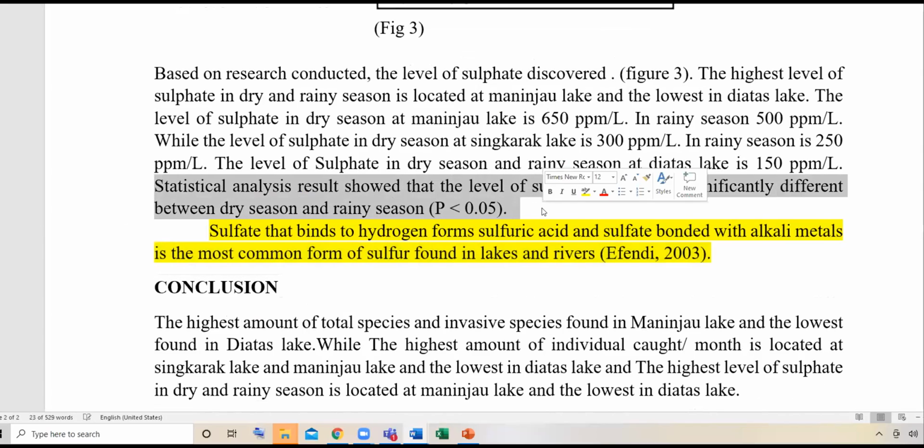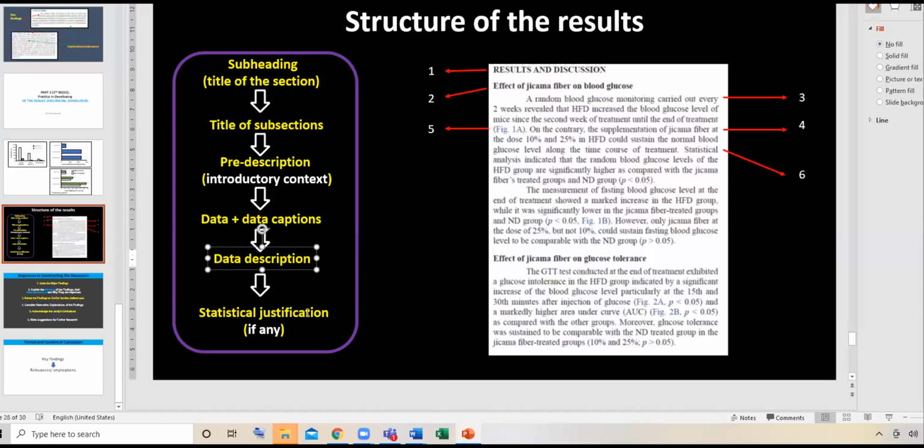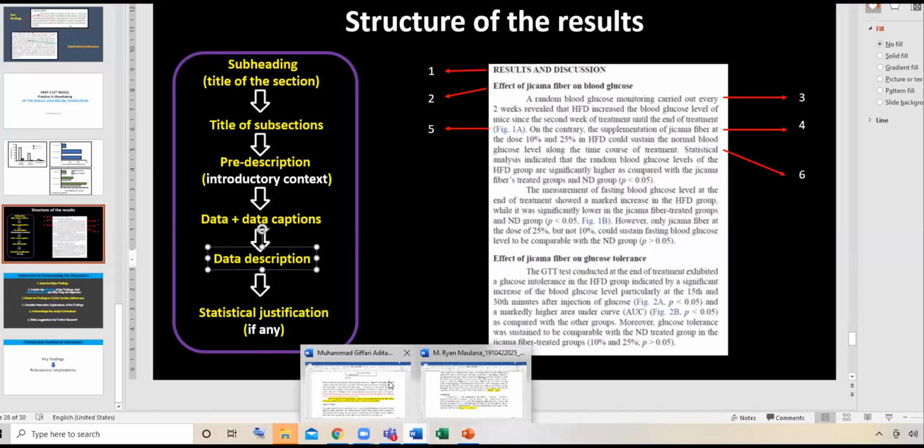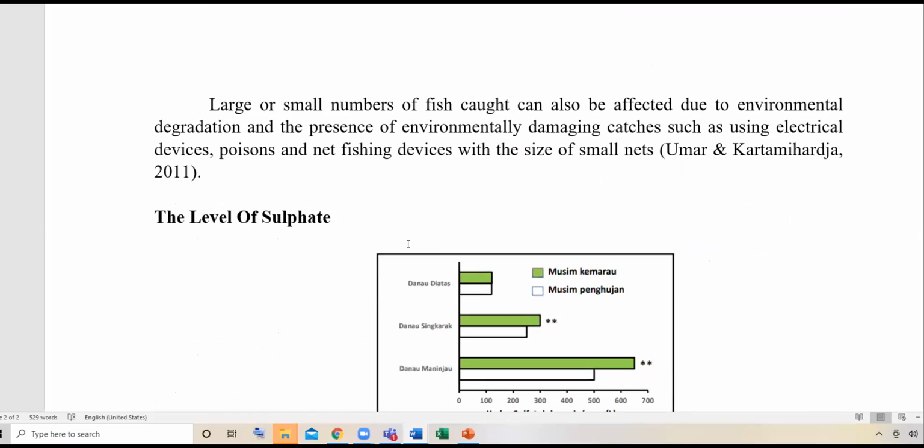You have to put it in the latest part of your result, what you want to explain about it. So here, when we go back, it's like a statistical justification if you have a statistical analysis in your data. But if you don't have it, then okay, you can finish it directly like this.